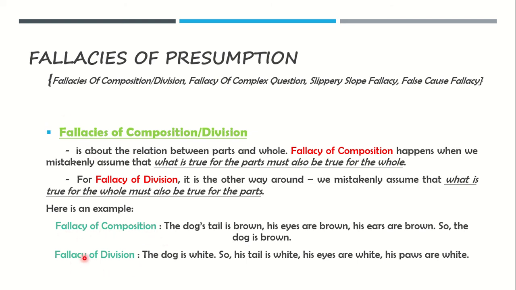The next one is the fallacy of division. Here, we're trying to consider the statement of the whole, or the general conclusion of the whole argument. For example, the dog is white. So his tail is white, his eyes are white, his paws are white.